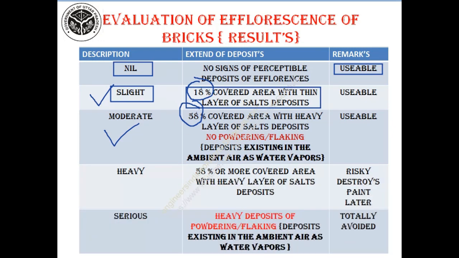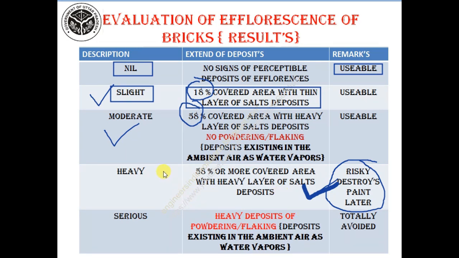Then we have heavy deposits. These heavy deposits are more than 58%, and this will destroy your paint later on. So in any case, we will not be using such bricks that will destroy our construction work in future.